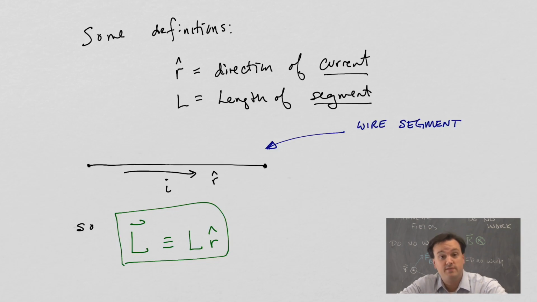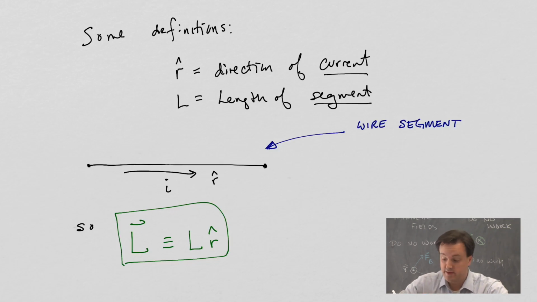Those two pieces of information, length plus direction, combine to make this L vector. It's a little bit awkward because they're two complementary pieces of information that I've combined into a single vector, and I've done so only so that the final answer looks a little bit more compact.